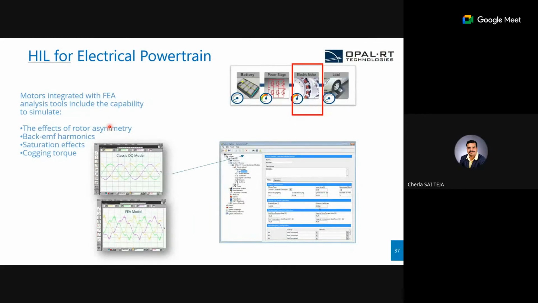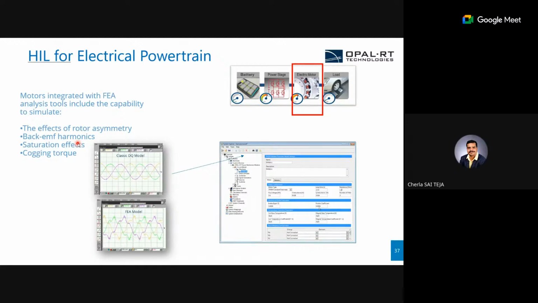The motor is a key component in a vehicle, so we have finite element analysis based solvers specifically for designing a motor. Why do we go for FEA analysis tools? There we can include the effects of rotor asymmetry, back EMF harmonics for a PMSM, saturation effects or the cogging torque effect. In a normal machine model, we can't include all these dynamics or various asymmetries of a motor.